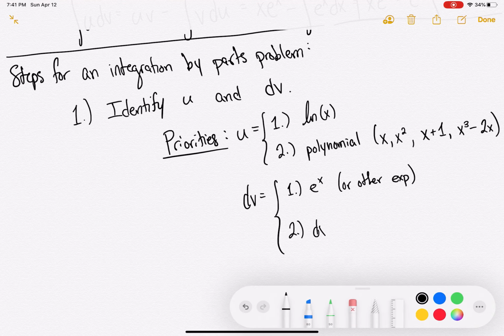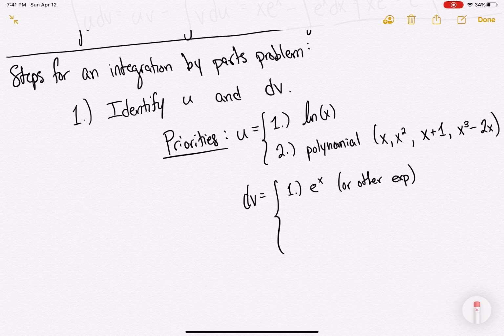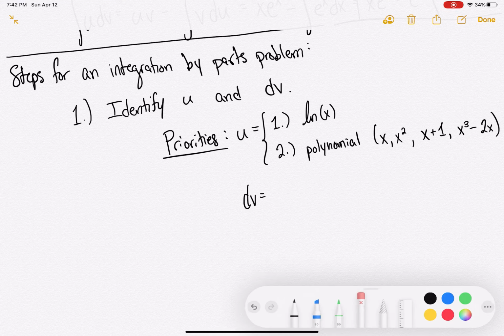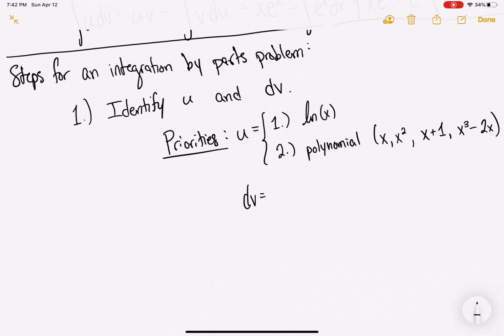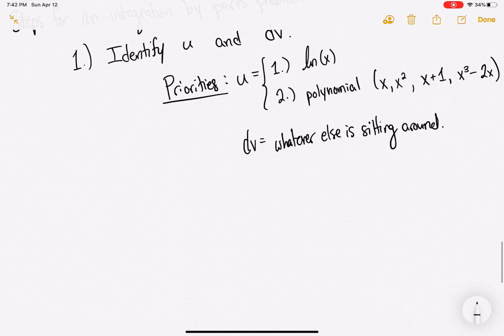Well, no, it'll just be whatever else is there. Yeah, I mean, honestly, that's what it is. You guys love seeing me think, right? dv is whatever else is sitting around. So there you go. So that's step 1 is identify u and dv.